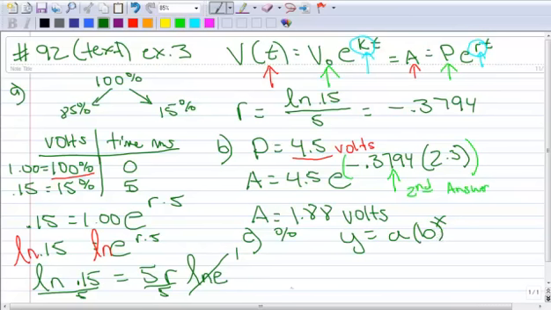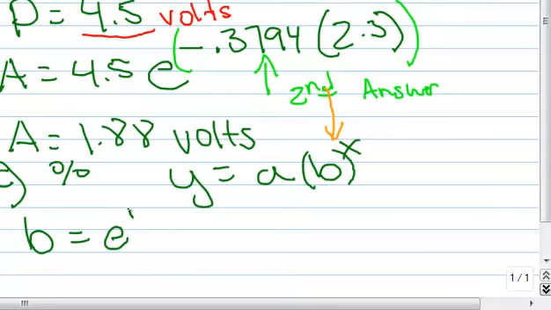In a previous example, we changed from the half-life formula to this exponential growth, and then we also changed from PERT. So we went back and forth between all three. You may recall that B, the B that's in this exponential, is equal to e to the r.